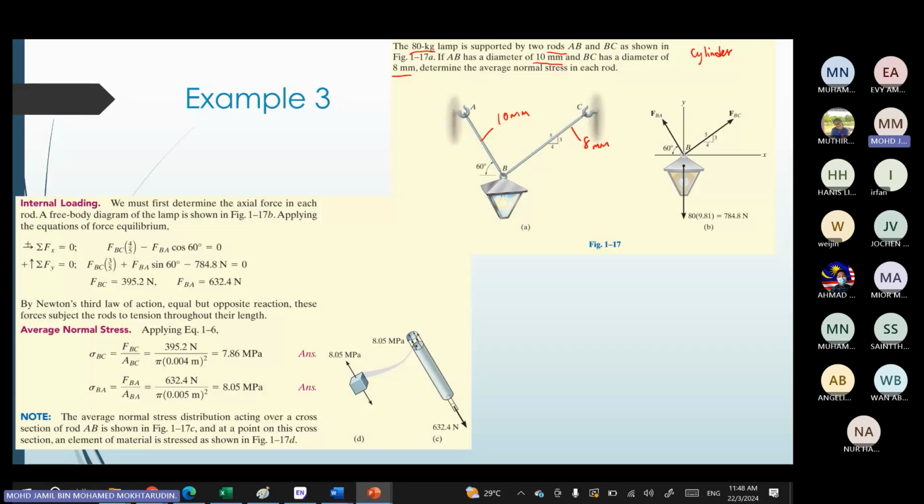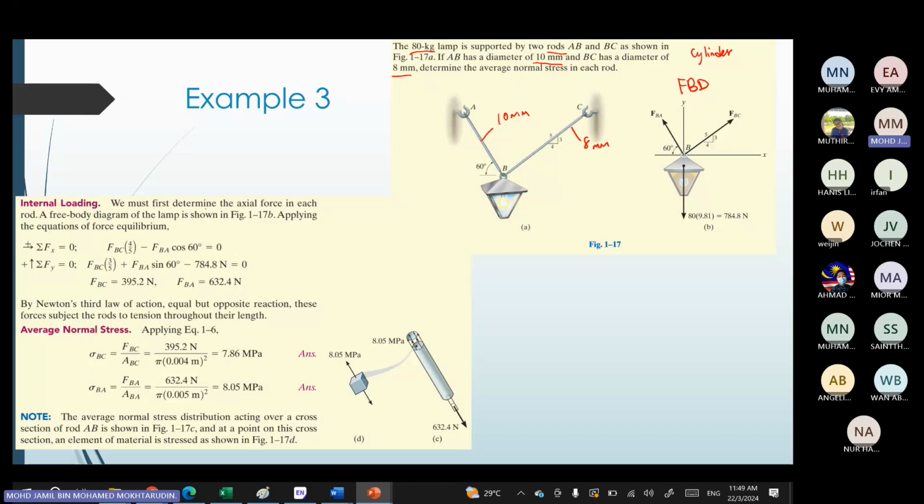As I said in mechanics of materials, before you can determine the stress, you need to do static analysis. So first you draw the free body diagram. You draw the forces FBA and FBC, and then the weight of the lamp. Determine FBA and FBC using equilibrium equations.